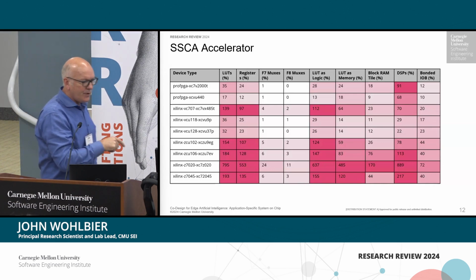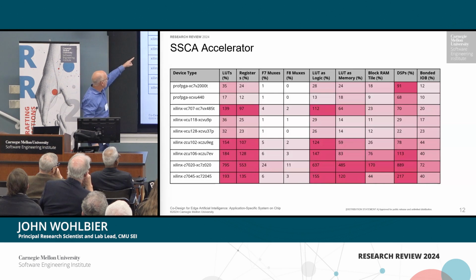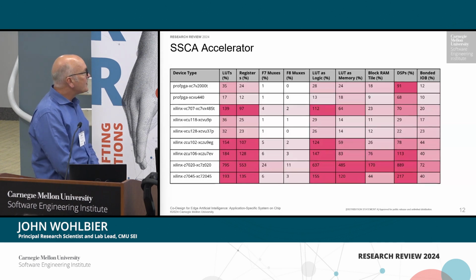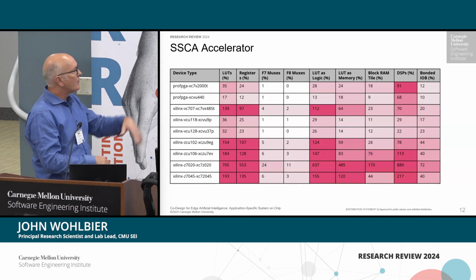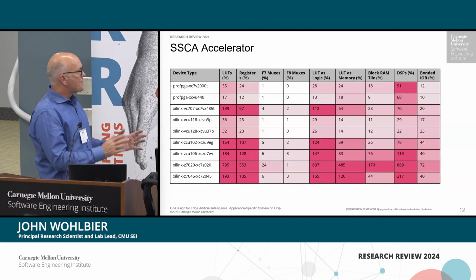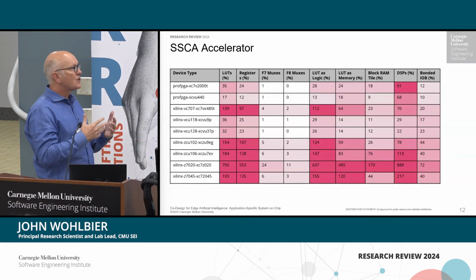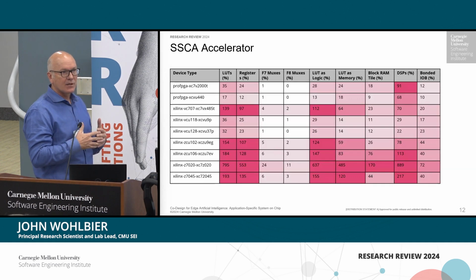The one that we're using, like I mentioned, is the 118, the fourth row. We've got some space left. We're only using 36% of the LUTs, which are the lookup tables, and 25% of the registers, et cetera. I'm not going to go over the whole thing, but this is another step of the process, where you're figuring out which of these FPGAs you're going to target.